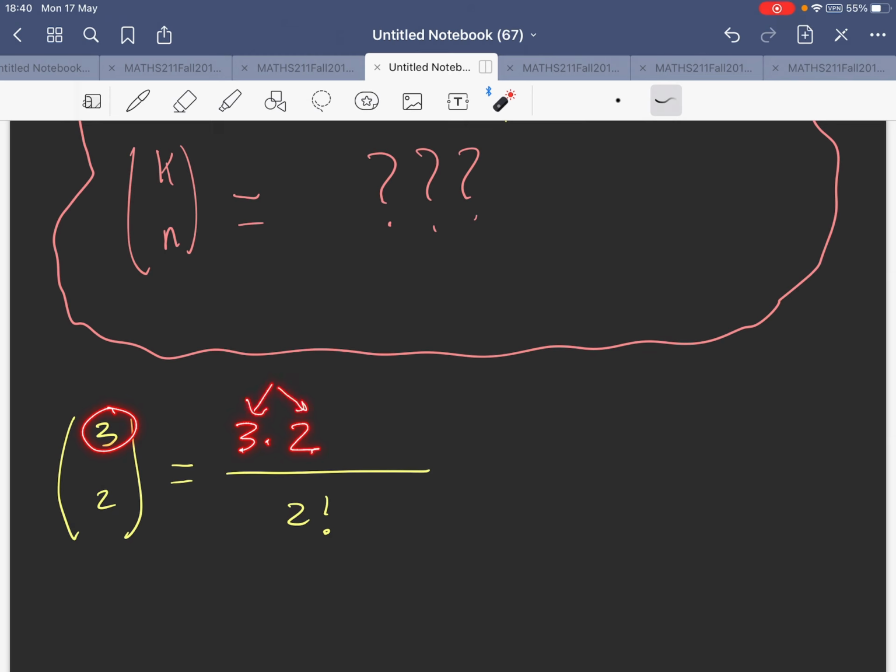Because you need only 2 terms, because this is 2. If this is 1, you will need only 1 term. If this is a 3, you will need 3 terms: you just subtract 1 and then 1, 2, 3, because we have 3 terms here. In this case, we need only 2 terms, so it will be 3 times 2, and this will be 6 over 2, which is just 3.